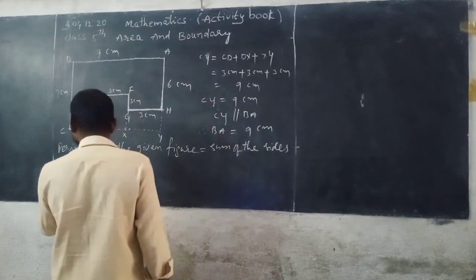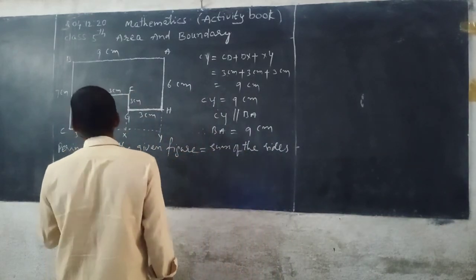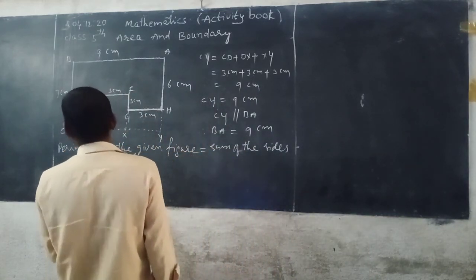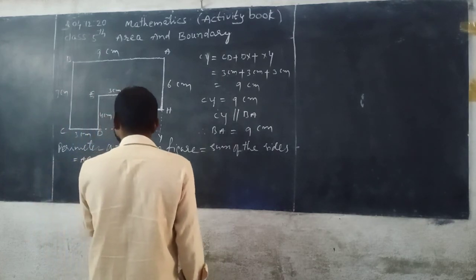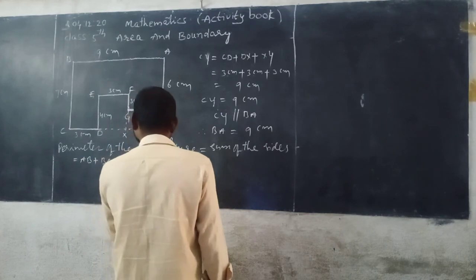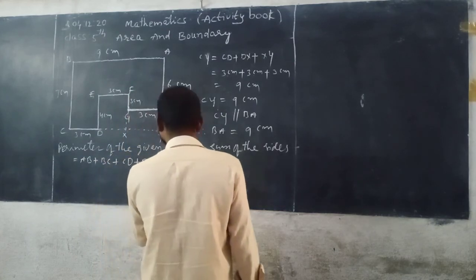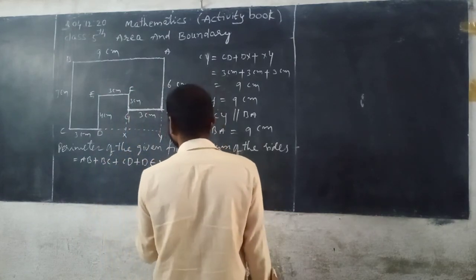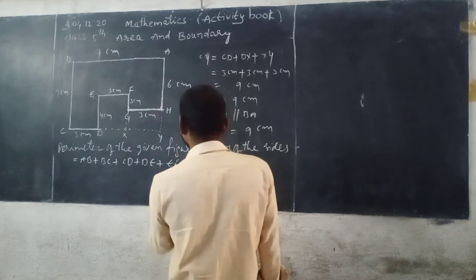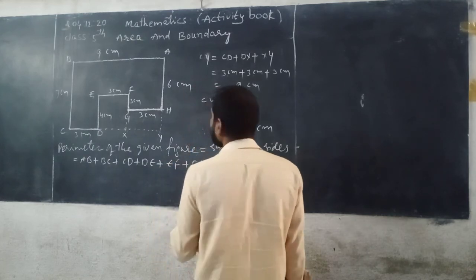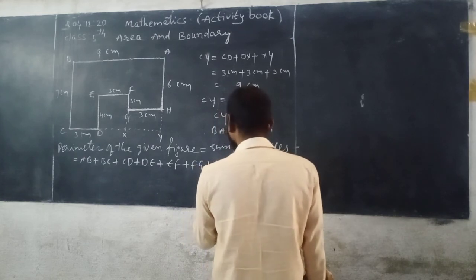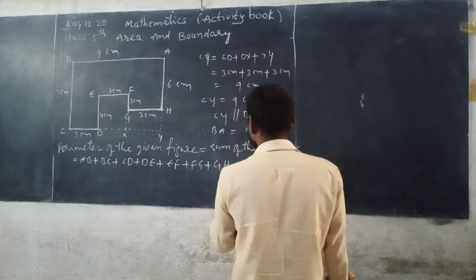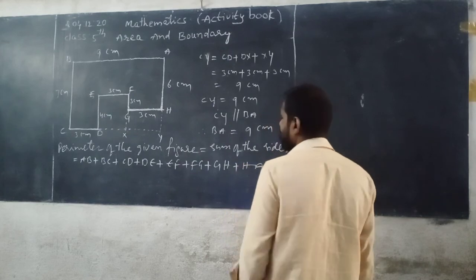That is equal to AB plus BC plus CD plus DE plus EF plus FG plus GH plus HA.